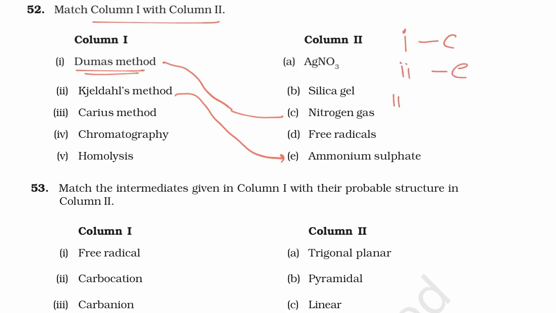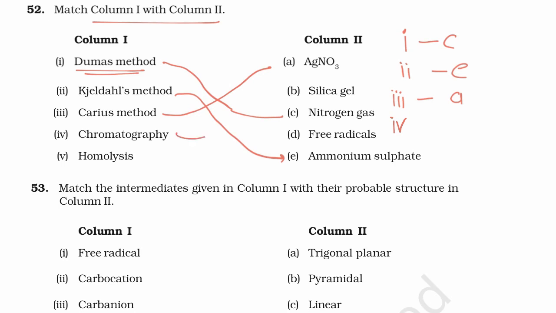Third, Carius method. The Carius method is used for estimation of chlorine, bromine and iodine. Cl, Br, I are converted to AgCl, AgBr and AgI, so the Carius method is related with AgNO3. So third, A. Now fourth, chromatography.